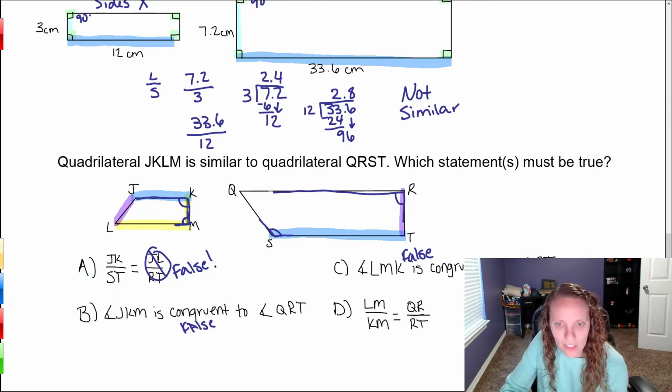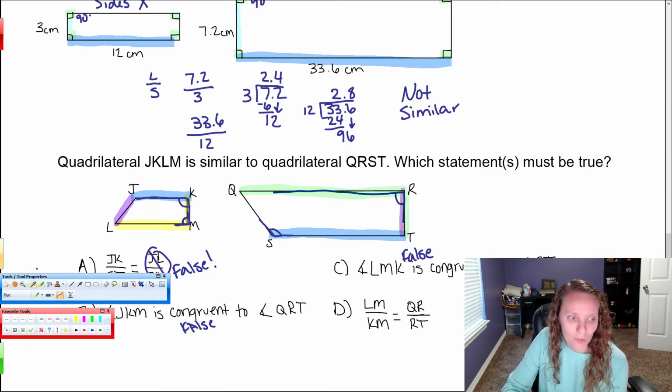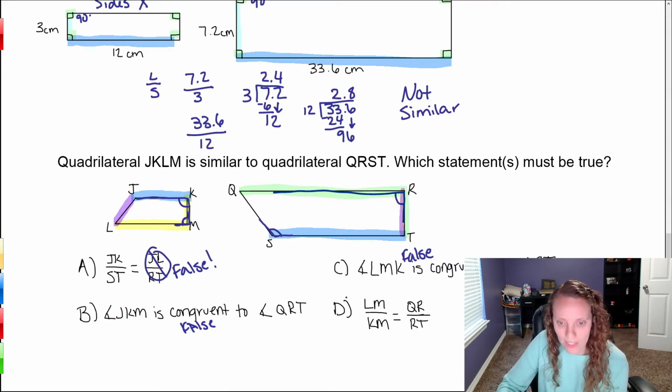So let's look at QR here, and RT. So LM was this longer side across the bottom. Remember, it was flipped upside down. So this is the longer side across the top, upside down as well. And then RT was up and down along with the KM. So this one is true. Everything matches up exactly.